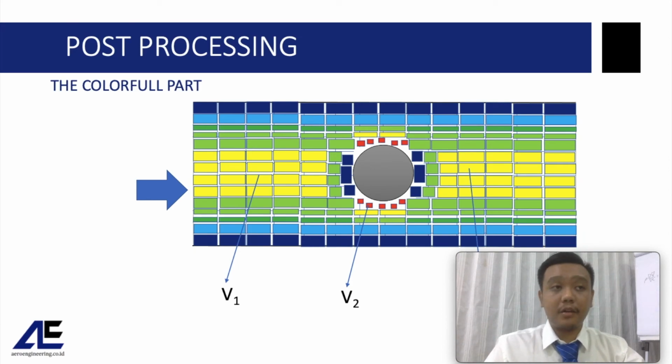In this step, we compile our solution data obtained from the numerical calculation done previously, such as velocity, pressure, temperature, or other flow parameters, and plot it in each element of the domain in the form of color, or maybe a graph. So we can interpret the data easily, intuitively, and beautifully.